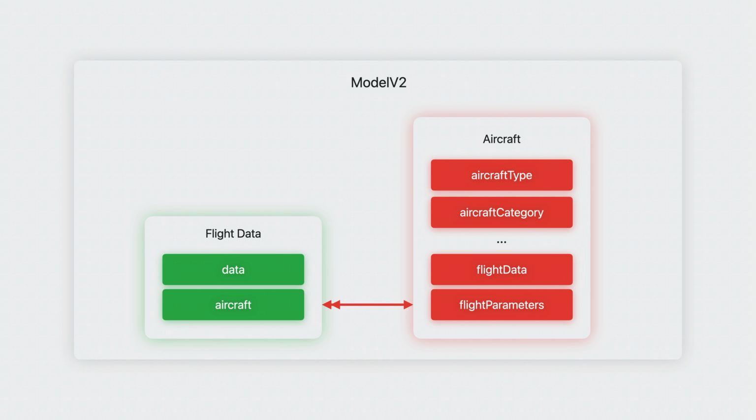The flight data entity has a binary type attribute data and a relationship to an aircraft. To preserve the existing data, the migration stage will copy the data from the aircraft entity over into the new flight data entities and relate them to the aircraft.